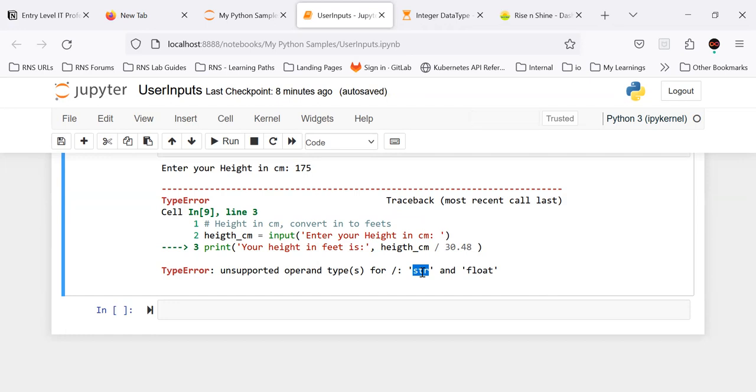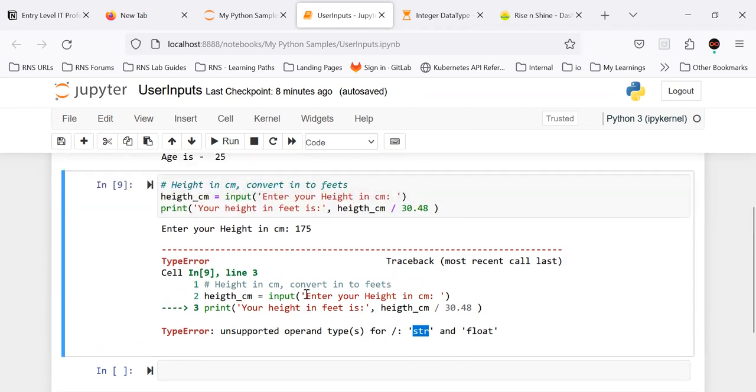I got this point now. Can you tell me what exactly this error is? Whatever the user enters through the input function is returned in the format of a string. But we are performing an arithmetic operation, division, where we expect either an integer or a float.